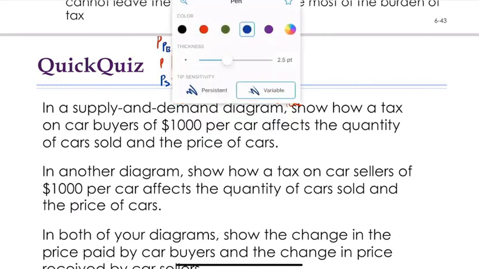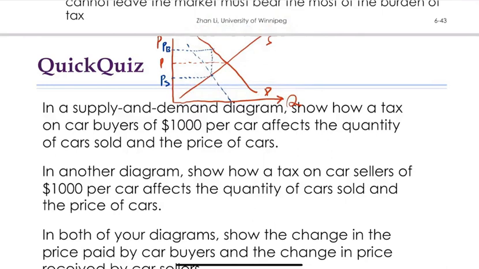And then you can see that this portion, right? This portion is the tax. And in this case, the tax comes out of the buyer's pockets. And we can see that initially, the equilibrium quantity was here, given by Q. And after this tax policy, equilibrium quantity decreases, given by Q prime.